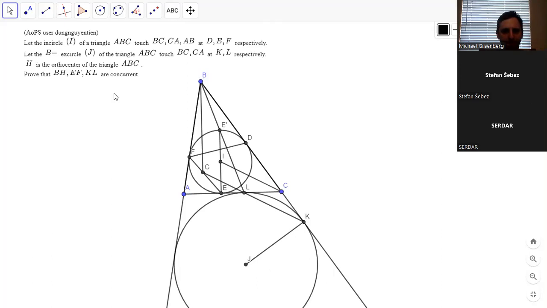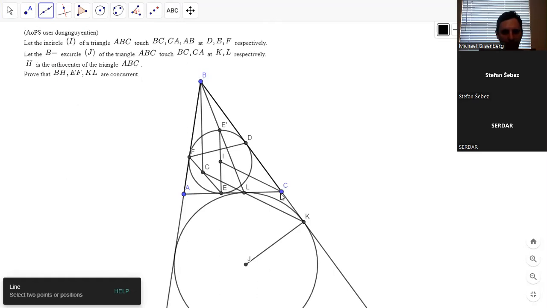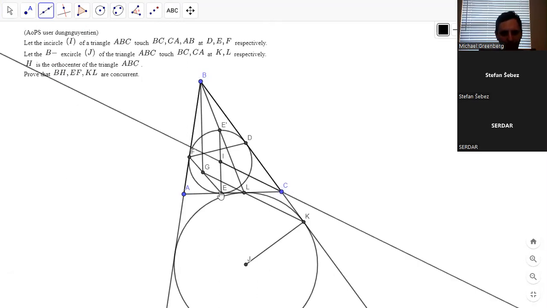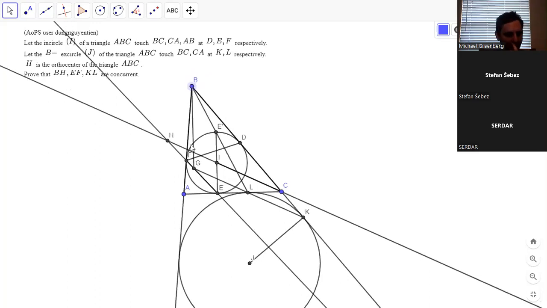Intersect CI with DF. Okay. We want to show that HG over HE is CL over CE, because that would show that these are parallel.